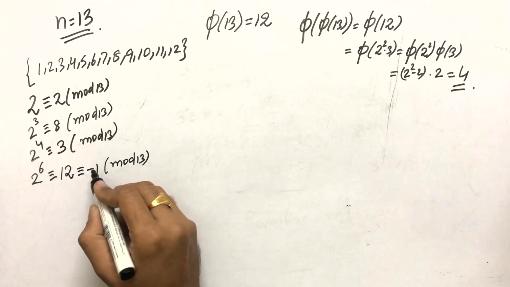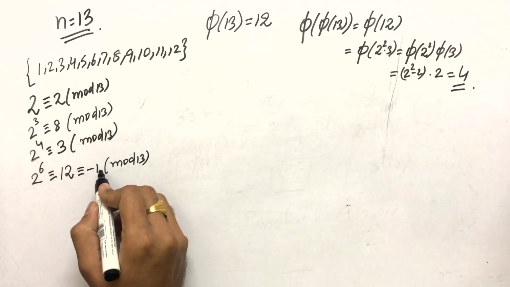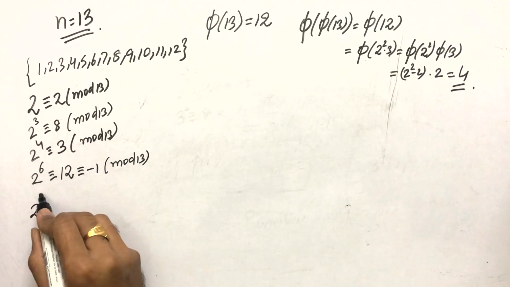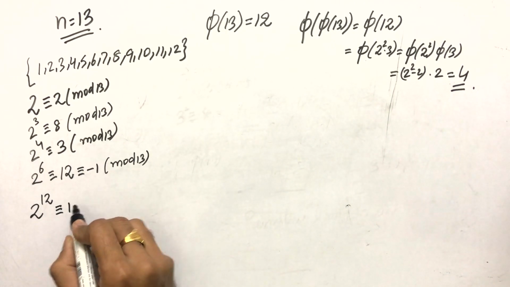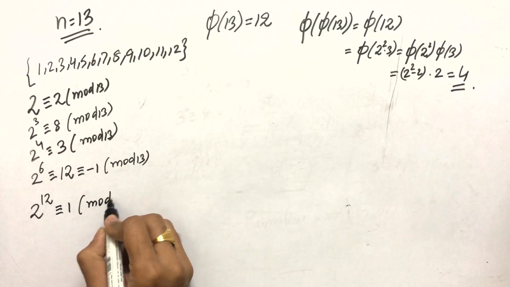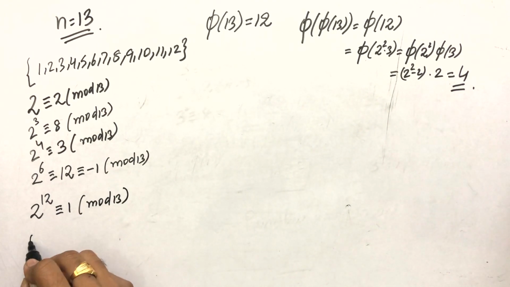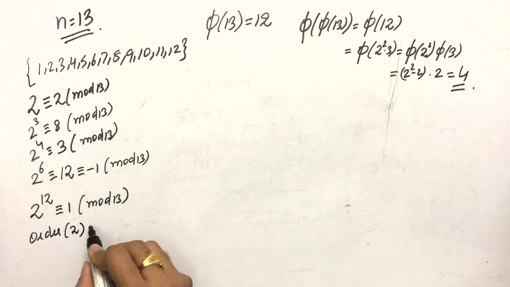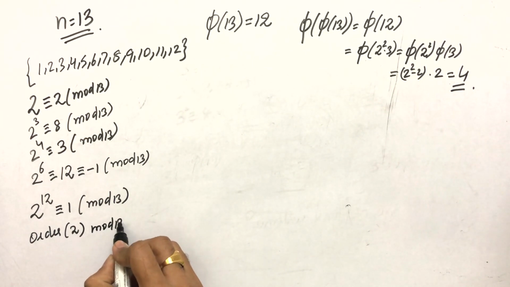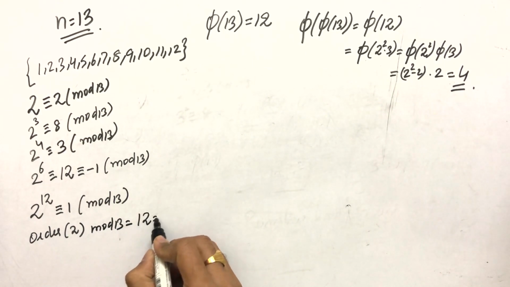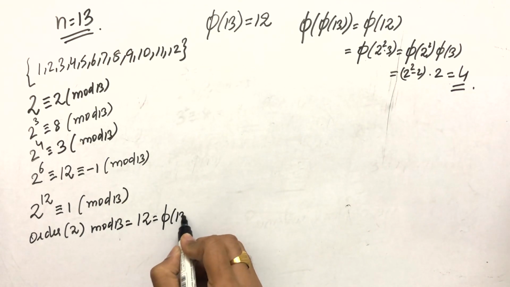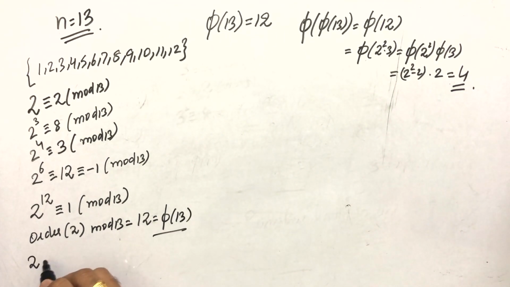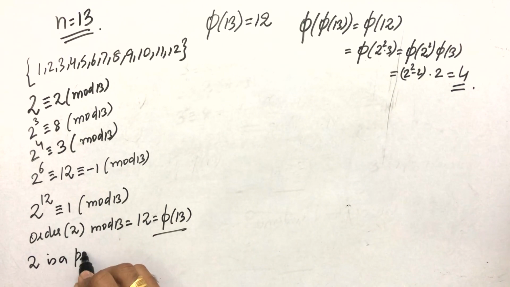How can we make it plus 1? Again, squaring both sides, it becomes 2 power 12 congruent to 1 mod 13. So very easily, how much is the order here? The order of 2 modulo 13 comes out to be 12. This is basically phi of 13.